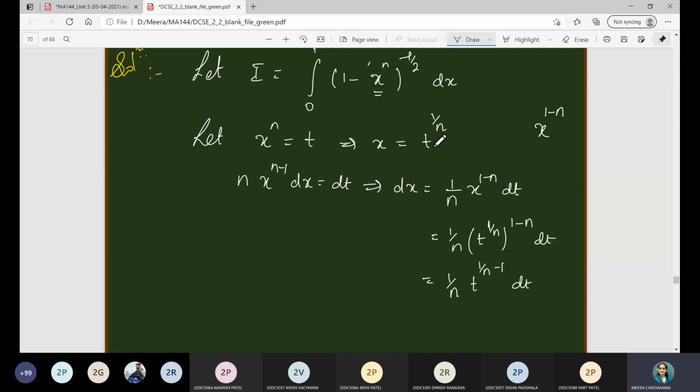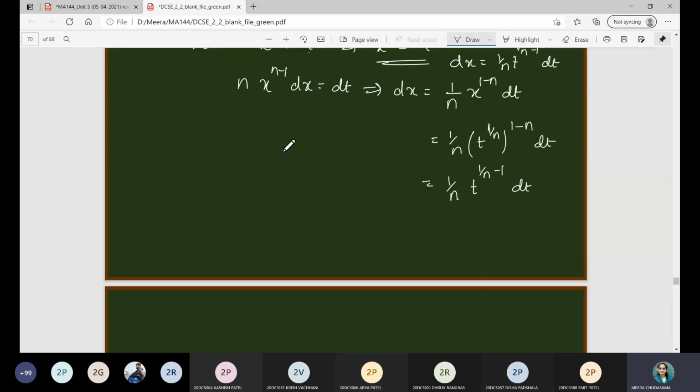If you take the derivative directly from here, you will get this one only, okay? So if you take it directly from here, it will be more convenient: 1 upon n t raised to 1 by n minus 1 dt, right? And the integration limits will be what? As x tends to 0, t tends to 0, and as x tends to 1, t will also tend to 1, right?